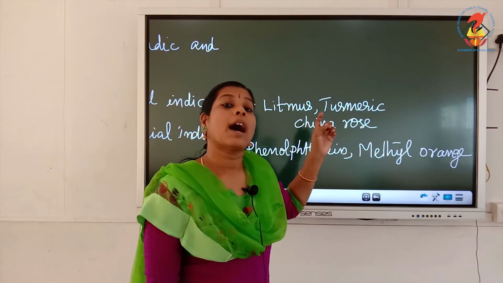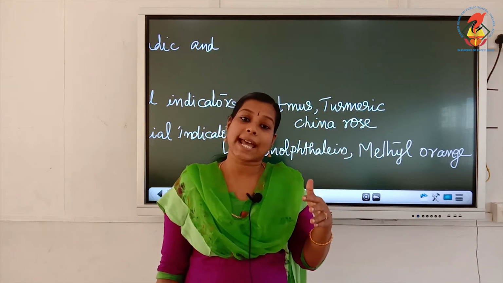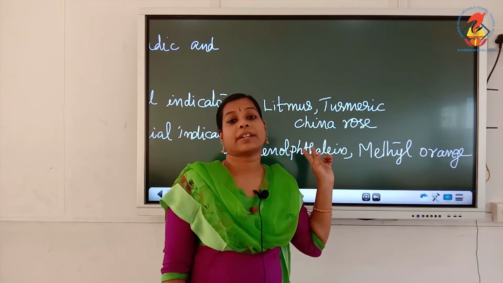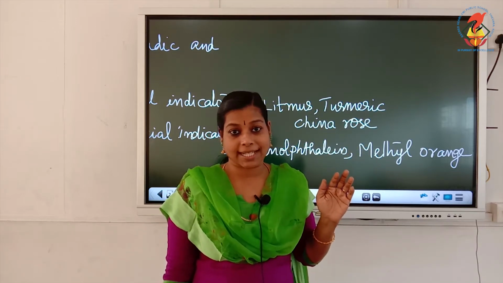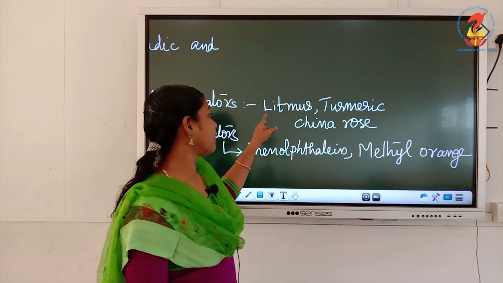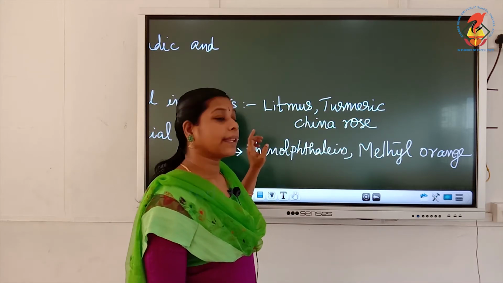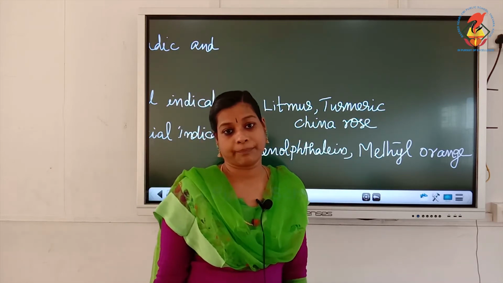So, indicators are the substances which show color changes towards the acidic or basic medium, and indicators are divided into two, the natural indicators and artificial indicators. Natural indicators, different examples are litmus, turmeric, China rose. Then artificial indicators, phenolphthalein, methyl orange, etc.